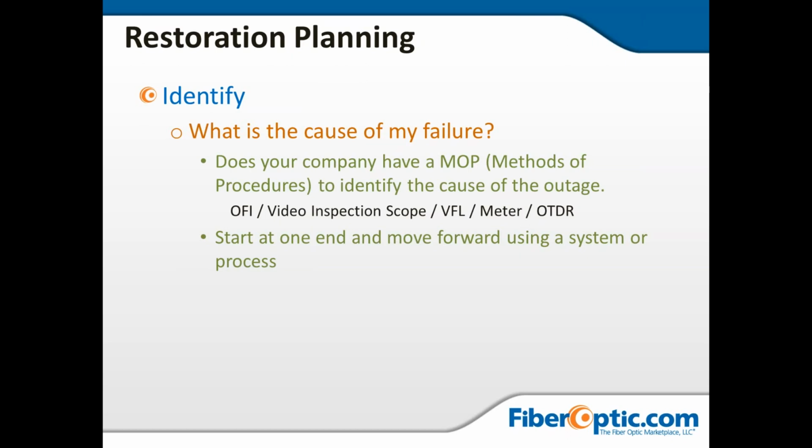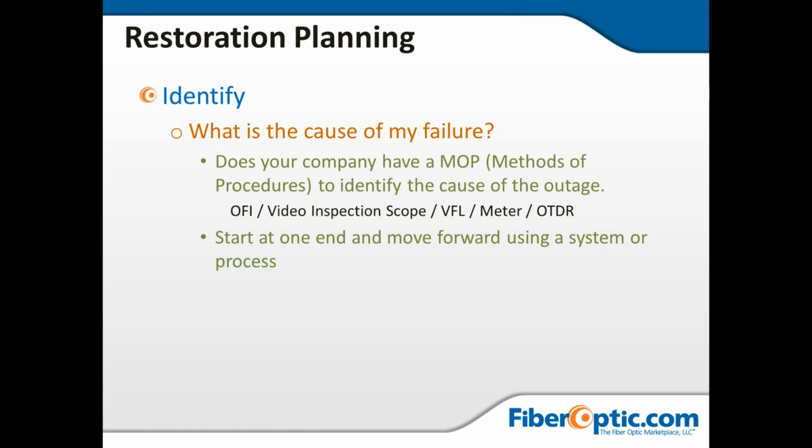So what we recommend, and what we can work with companies to put together, is kits, toolkits, or procedures, simply consulting procedures to say, this is what we recommend. If you have no light, the first thing we want to do is go to the transceiver side and place an OFI on that side of the fiber to see, do we have light transmitting from the transceiver?